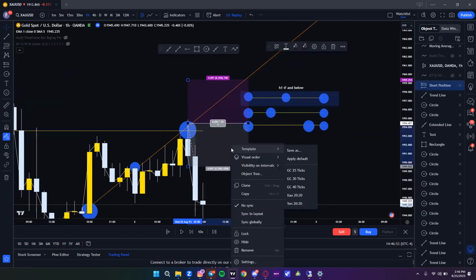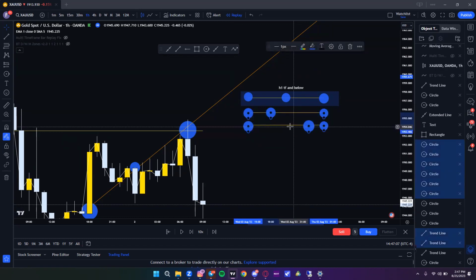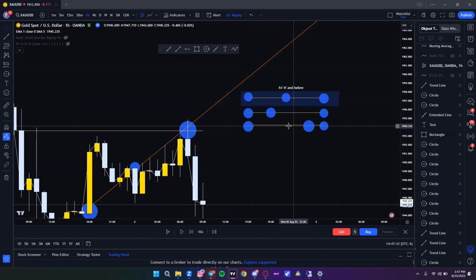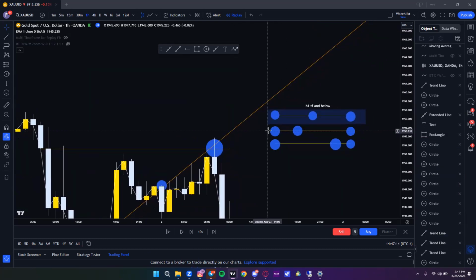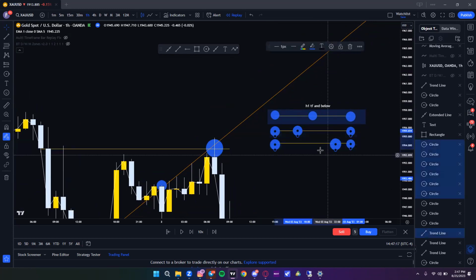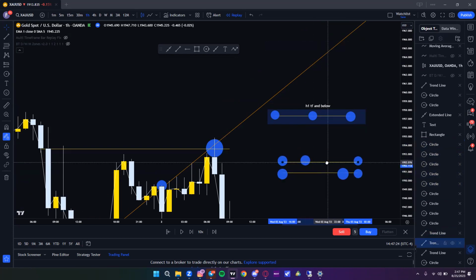Now, with H4 and above, you can use these trend lines. So let me just move them down a bit. Okay, great.